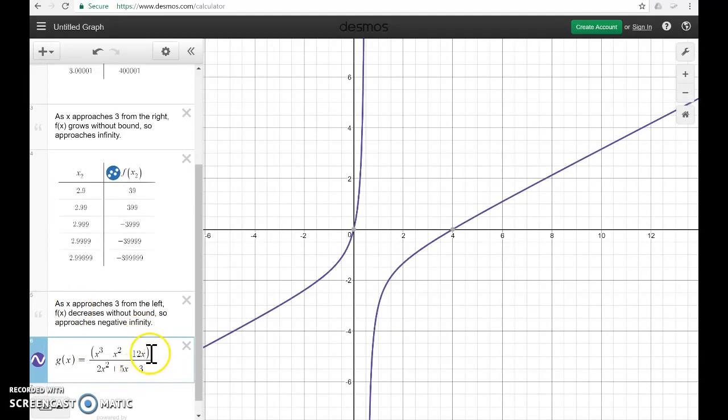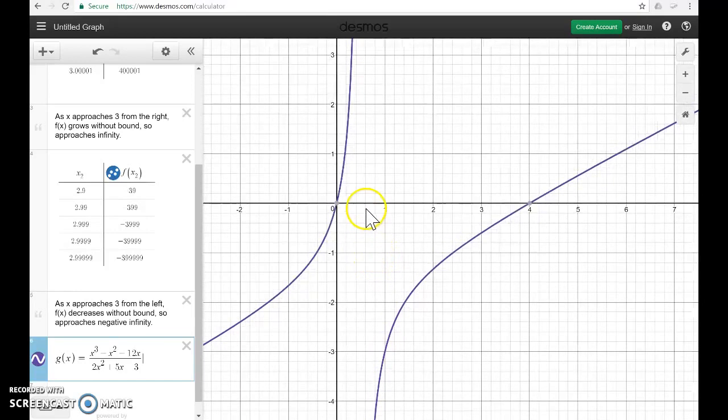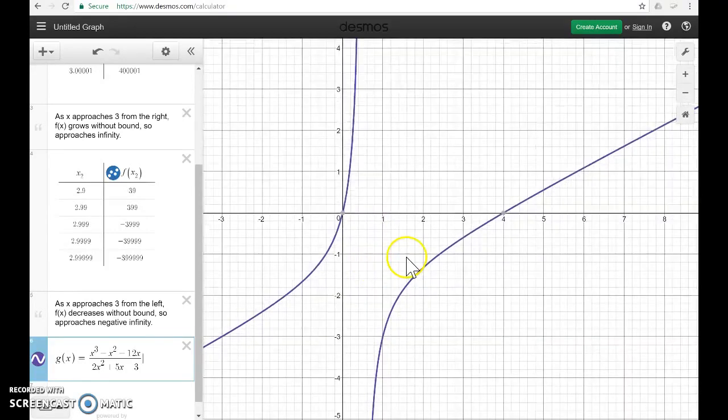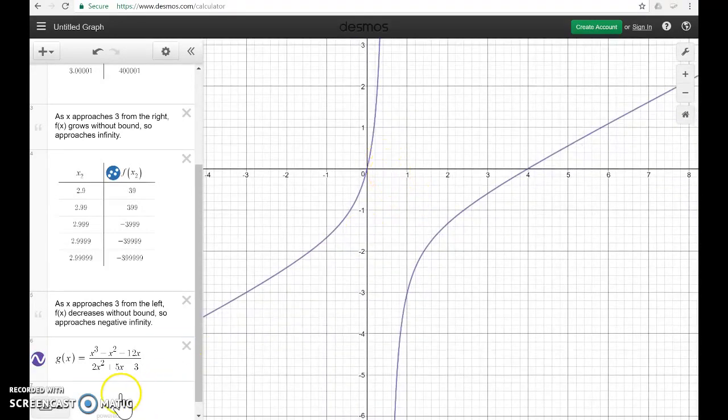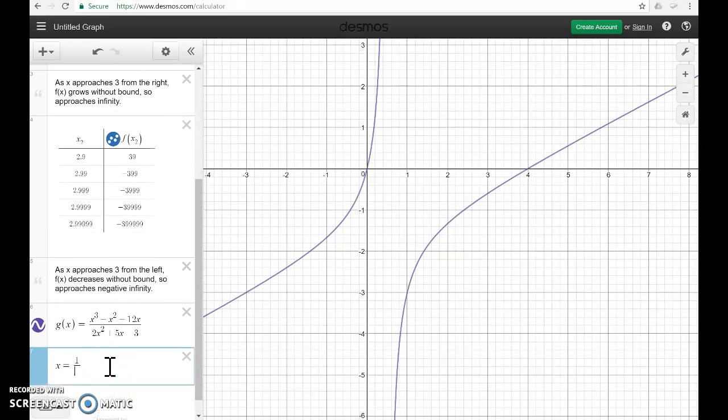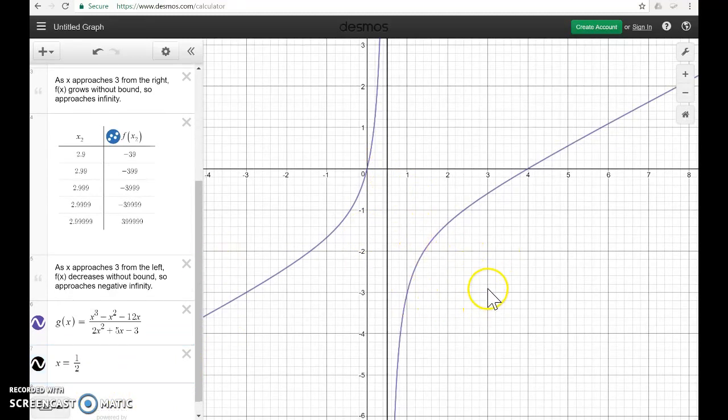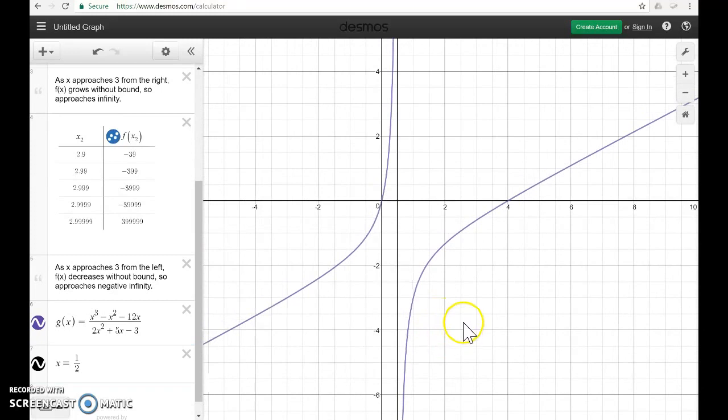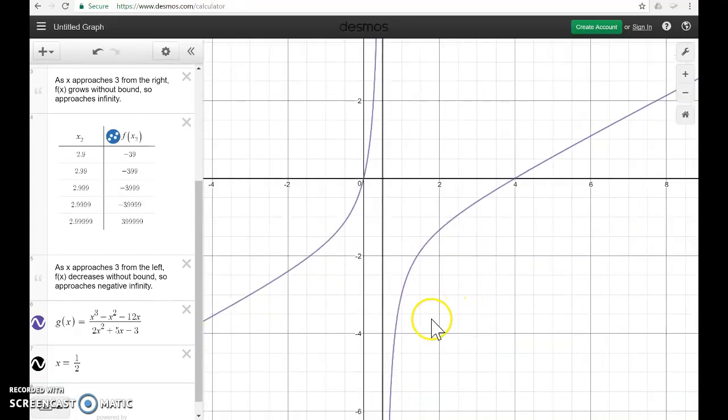I'm going to get rid of the parentheses in the top. There we go. Notice that I do see this vertical asymptote at, here's 1/2 right here. So that looks reasonable to me, that 1/2 would be our vertical asymptote. Let me see if I type in x equals 1/2. There we go. That makes it even nicer to see.